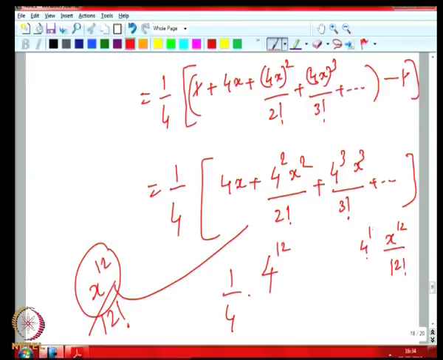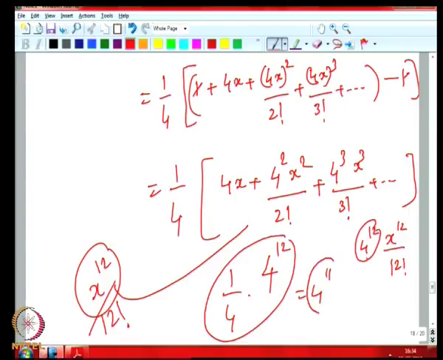Here 4 raised to 12 will be there, right, and this 1 by 4, this is the thing. So this is just 4 raised to 11. This is the answer. 4 raised to 11 will be the answer.